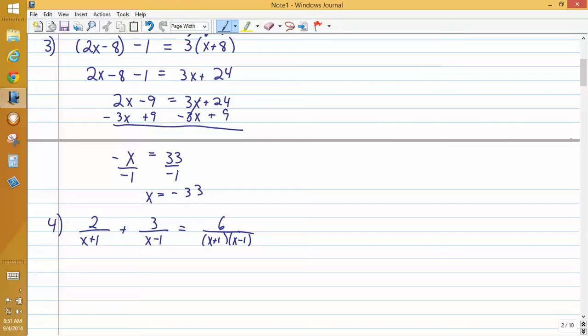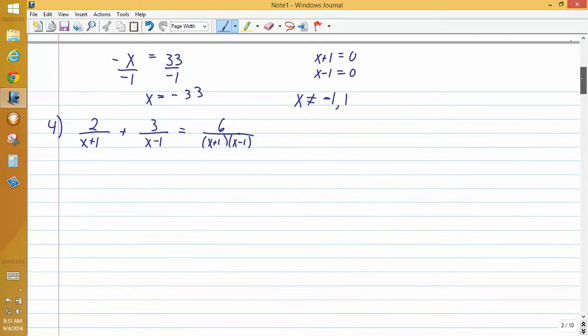So those are restrictions. If you actually need to work it out, you write the denominator over to the side and set it equal to 0 and solve. You'd do that for both of those, and you'd get negative 1 and positive 1. So those are my restrictions, things that when I work this problem out, I cannot let x be equal to.